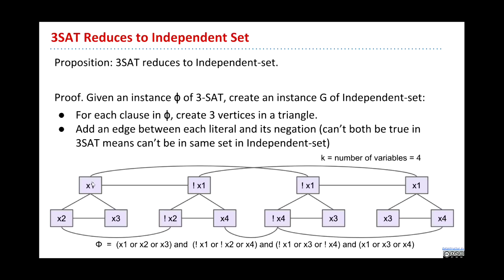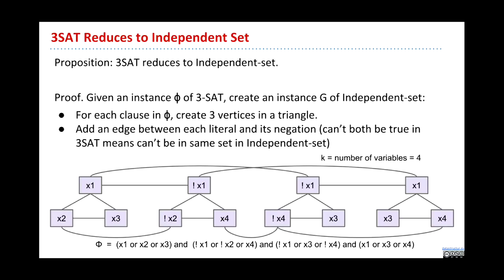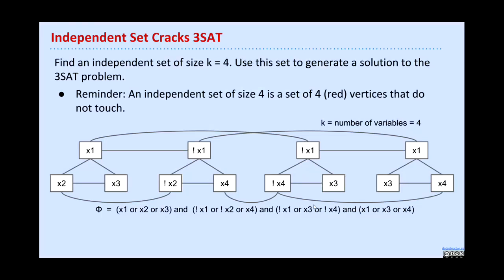So x1 is going to have an edge to not x1, and x1 is going to have an edge to the other not x1. And this, it turns out, will allow you to solve 3-SAT if you can find an independent set. Now, I've just gone through, again, we could have done an entire lecture on this. But this is a reduction.